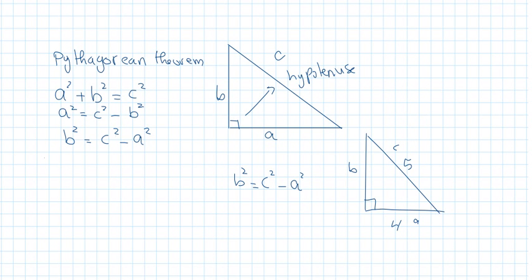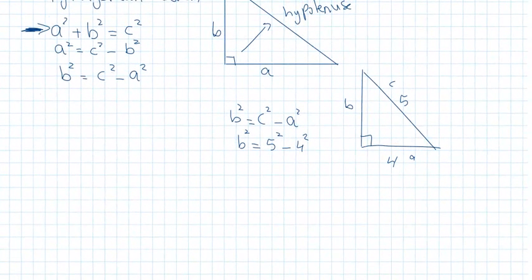Okay? Remember that I can start with my original formula and I can isolate for B squared, by bringing A squared over, it becomes minus. This is where algebra is coming. Plug in my numbers. So C is 5. So that's 5 squared minus 4 squared. 5 squared, that's 25.